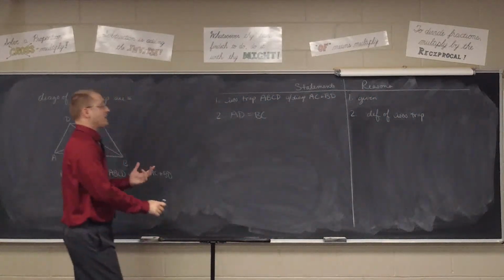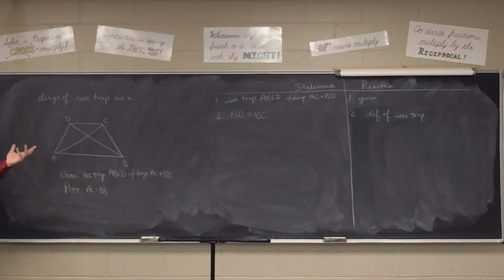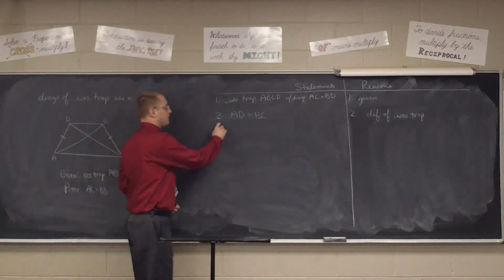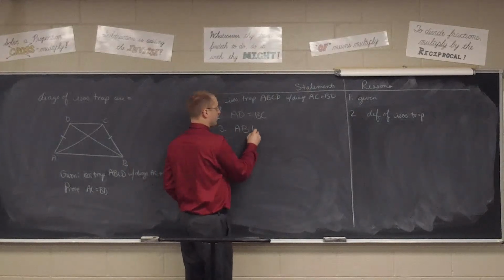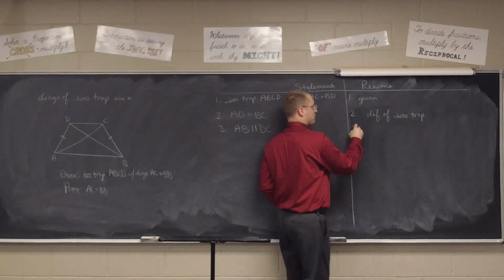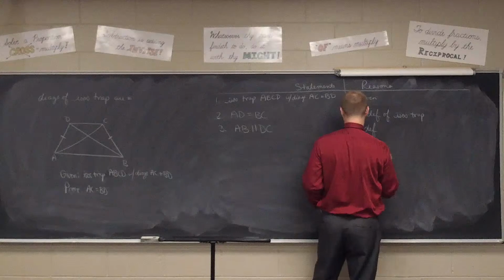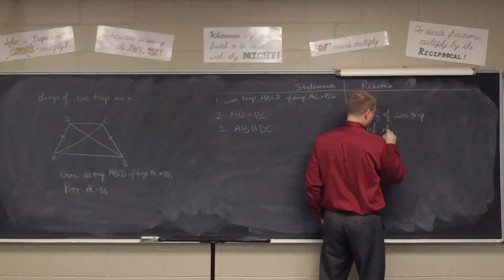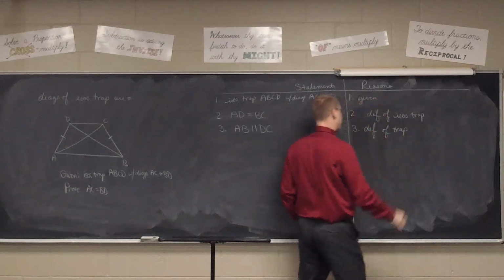You could write out that in an isosceles trapezoid, the two legs are equal. That's not a problem to write out, I'm just lazy. It's quicker to write definition of isosceles trapezoid. Also, Kendall: AB is parallel to CD. Reason: definition of a trapezoid. A trapezoid is a quadrilateral with opposite two and only two sides parallel. Those are the two sides that are parallel. Definition of trapezoid.